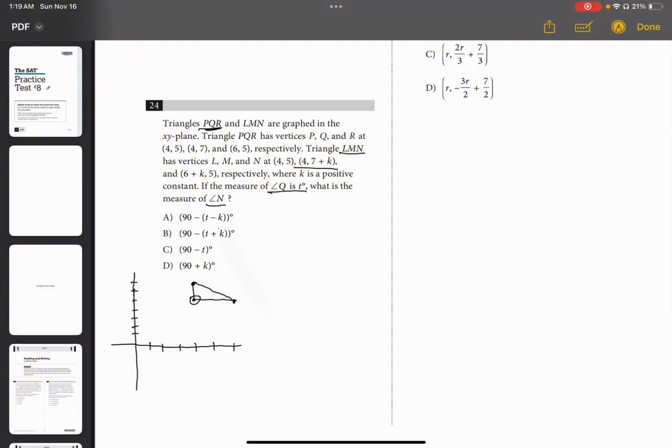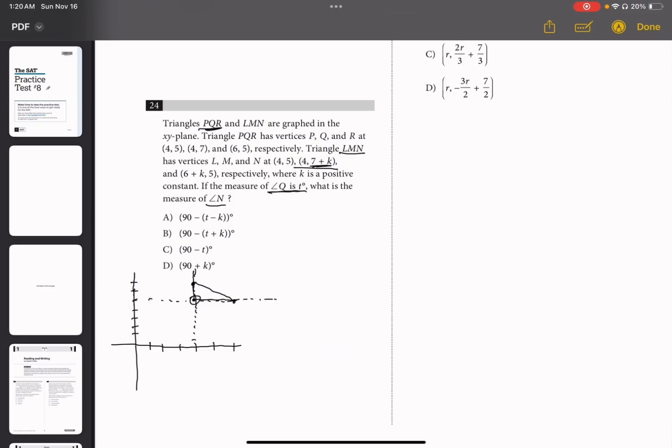We don't know what K is, so it's somewhere on the y-axis that we don't know, and then (6 plus K, 5), a point here where we don't know. So with that said, we are looking for angle Q, which is t degrees. What is the measure of angle N?